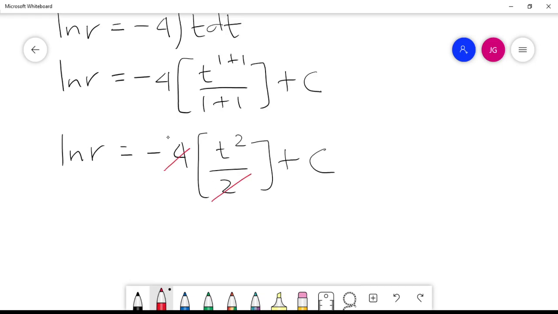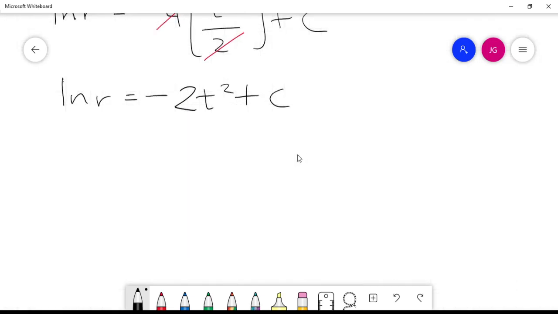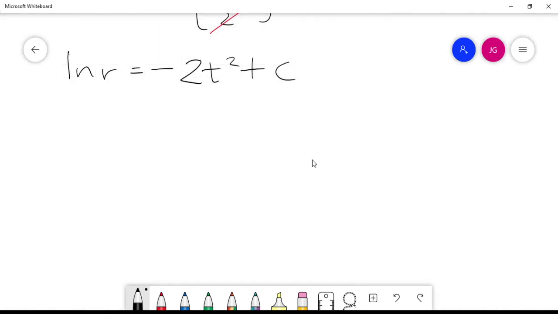So 4 divided by 2 is 2. Okay, ayaw mo kalimot guys sa ato ang negative sign, kay mao na ato makalimtan always. So negative 2t squared then plus c. Okay, so mao na itong equation with respect to constant.